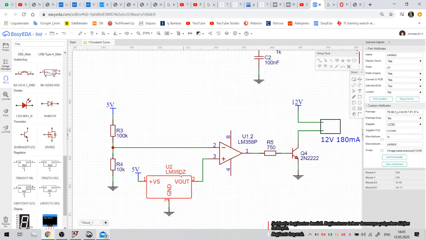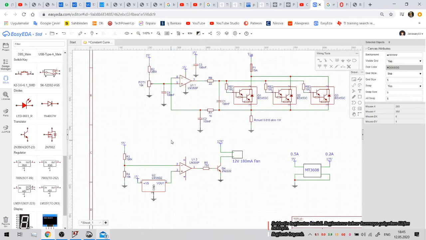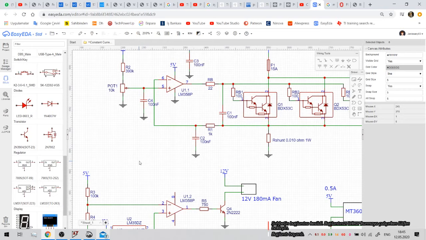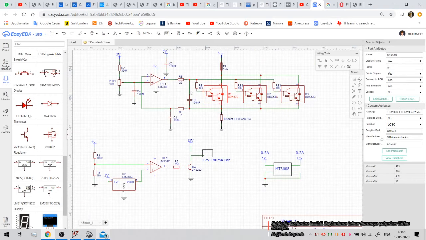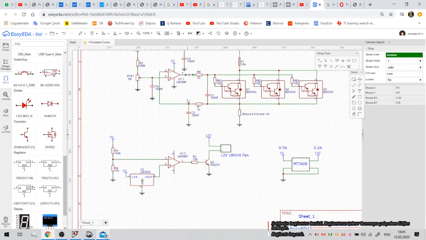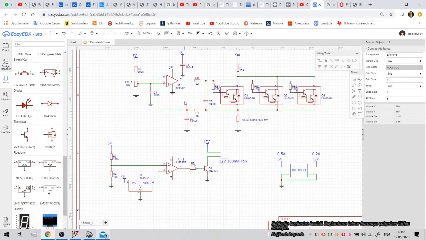Maybe we can change this voltage, and also we can add negative feedback from temperature to this transistor's base current. But I think it is not suitable for this application because we want constant current.